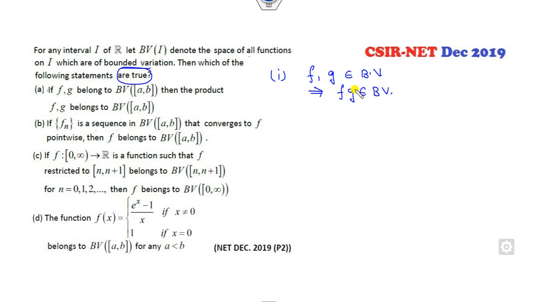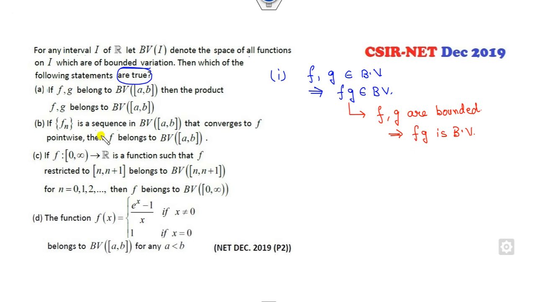As I mentioned earlier, for the product, if you prove that f and g are bounded, then only the product is of bounded variation. So can you say, is it given that f and g are bounded? No, because he said f and g belong to the bounded variation. How can you say whether it's bounded or not?